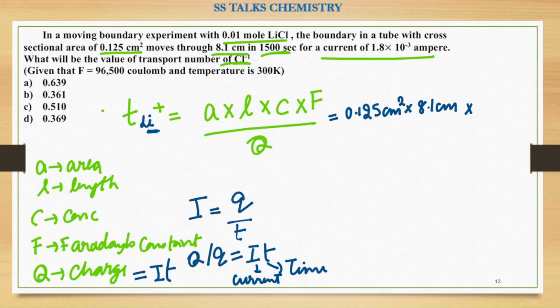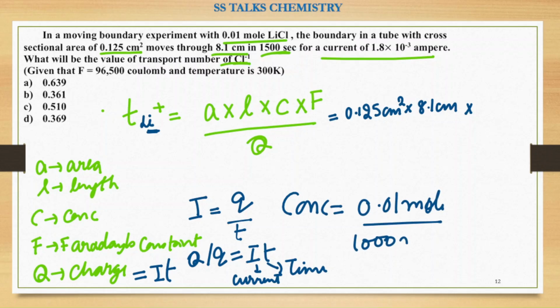Now concentration, that means here only the number of moles is given, but what we need is the concentration. So for that, we can write it as 0.01 moles upon the 1000 ml of it, right? Because ml is also 10 raised to the power of minus 3. Multiplying it with the 1000, you are gonna get the same value.